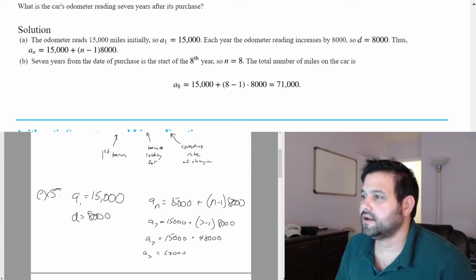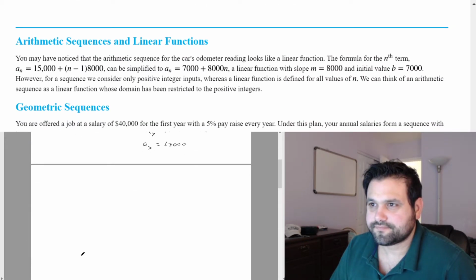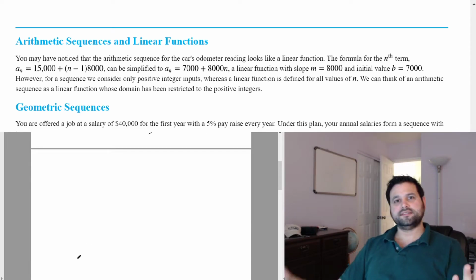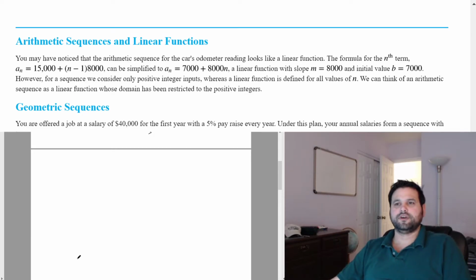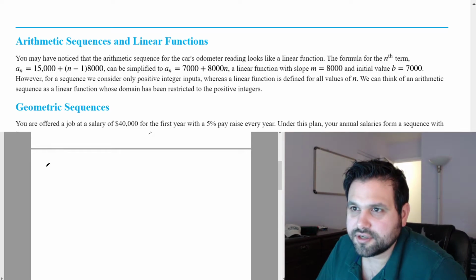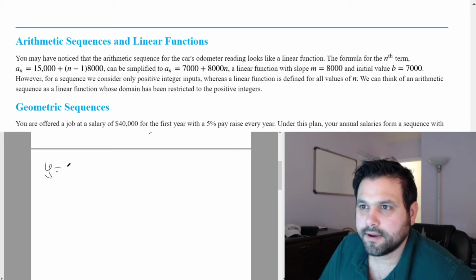All right. What's the connection between an arithmetic sequence and a linear function? Essentially, an arithmetic sequence is basically a discrete linear function. What I mean by that is, let's take this linear function, y equals 2 plus x minus 1 times 5.